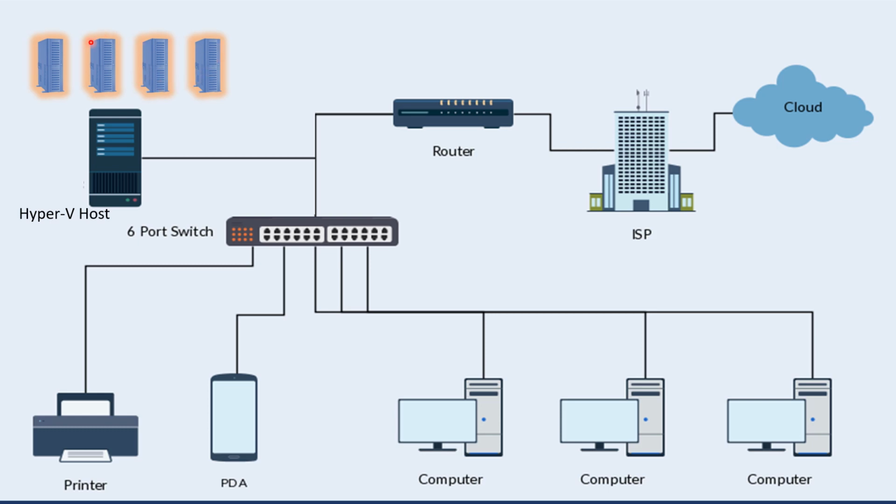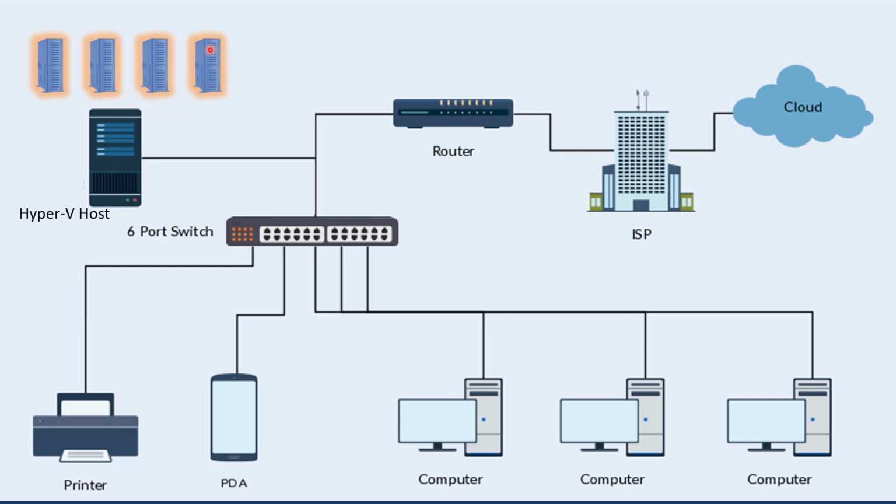Now, if you want instead these virtual machines to work together and communicate with each other, plus with the server that is running at the top, in this case, you create what we call a local switch. You connect your virtual machines to that local switch, and your Hyper-V host is again connected by default to that local switch.